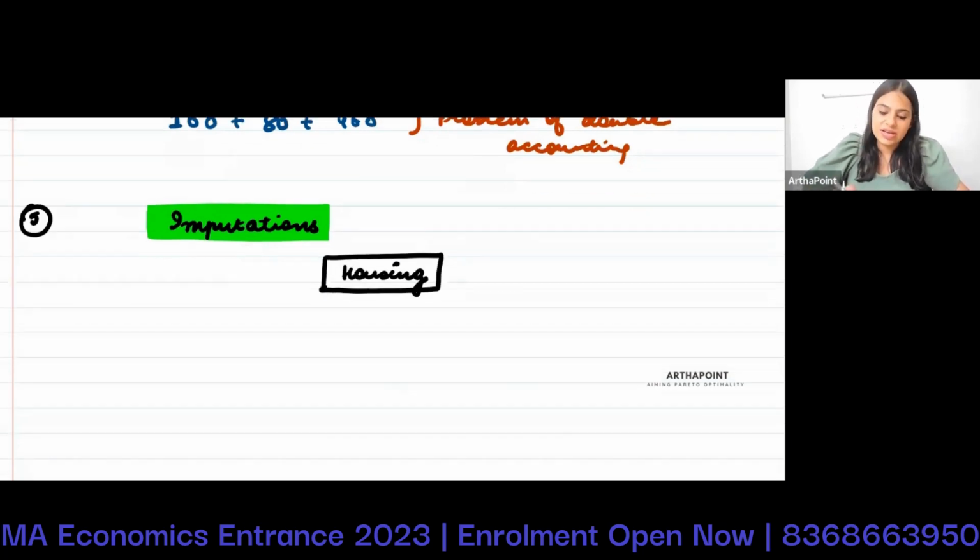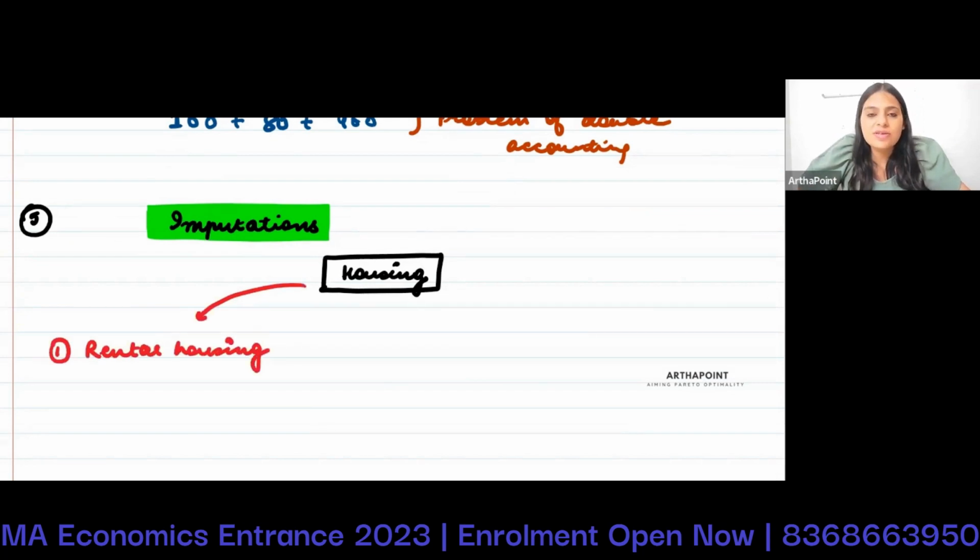Let's take an example of rental housing. If I am living in a rented house, then I have to pay rent on a monthly basis to the owner of the house. It is an expenditure from my side. It is an income for the other person. And hence it is part of GDP of the economy.